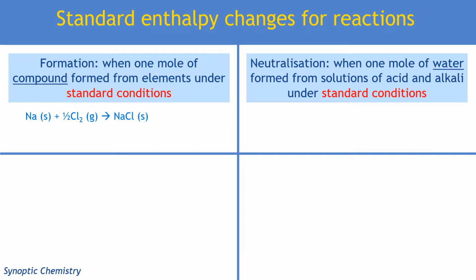Neutralization is one we tend to maybe forget because it doesn't come up as often as formation, and that is when 1 mole of water is formed from solutions of acid and alkali, and acid and alkali solutions contain H+ and OH-. They are aqueous and they're making water, which is a liquid. So neutralization is the same equation regardless of what acids. It doesn't matter what acid and what alkali I mix, that is always the equation that I'm measuring the enthalpy change for.